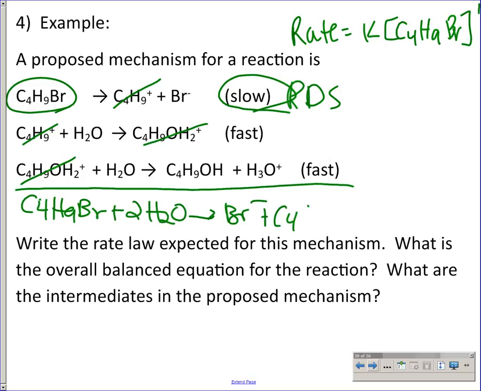What's the name of that? Butanol. Good job. So there's our overall reaction. What are the intermediates? Here's an intermediate because it's formed and then consumed. This one's formed and then consumed. Good job.